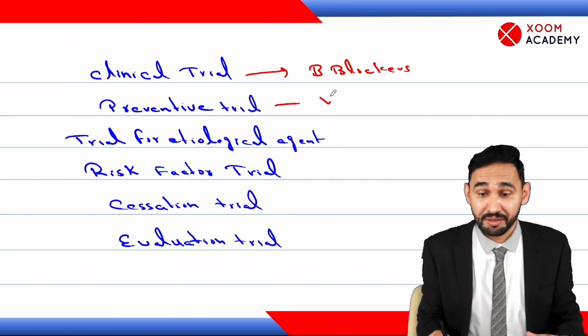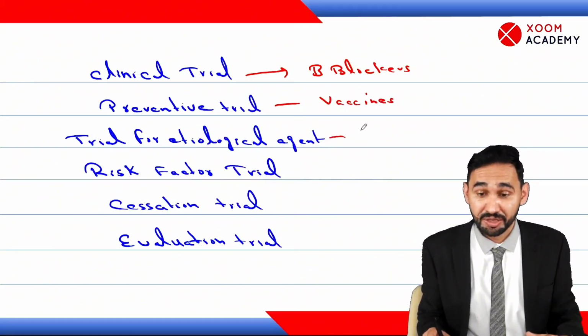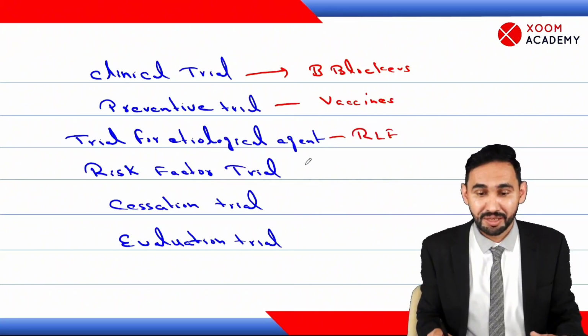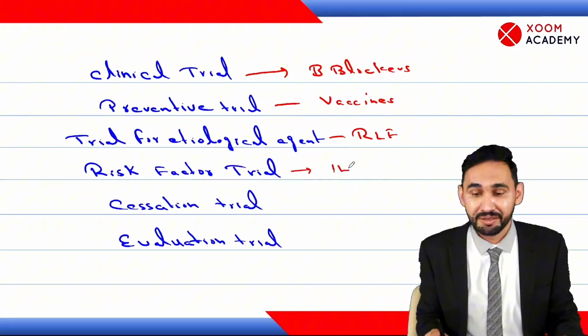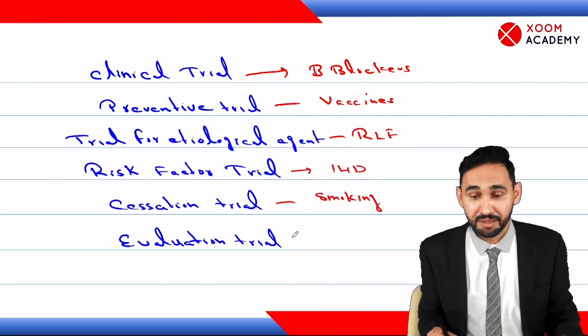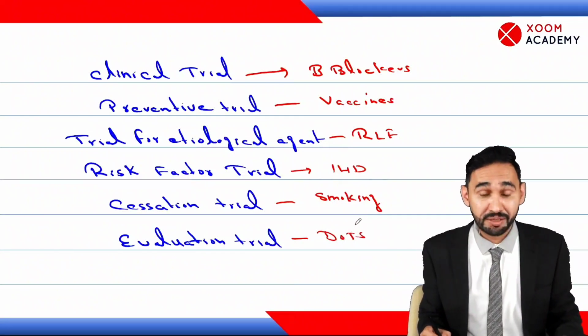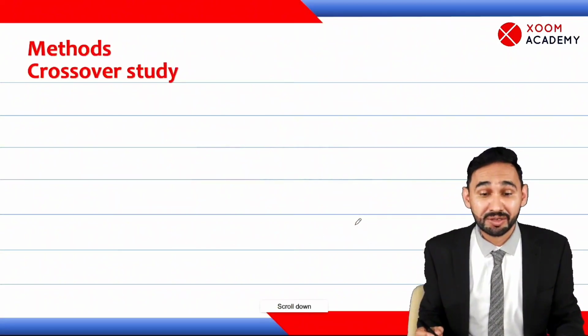Trial for vaccines is preventive trial. Etiological agent, retrolental fibroplasia. Trial for risk factor, ischemic heart disease. Cessation trial, you can remember smoking. And then evaluation trial, you can remember DOTS. So these were the various types of randomized controlled trial.